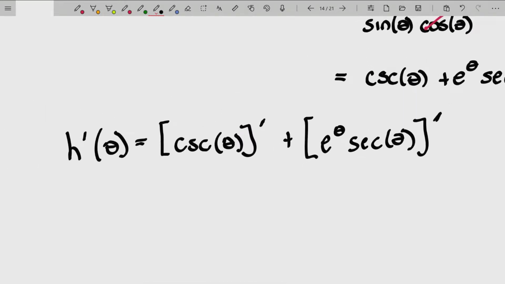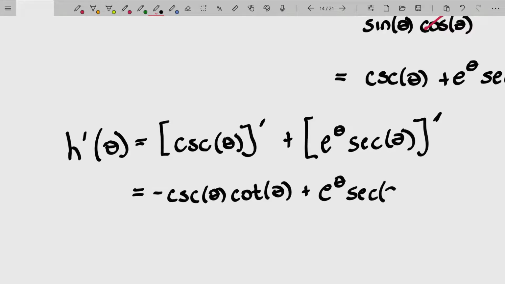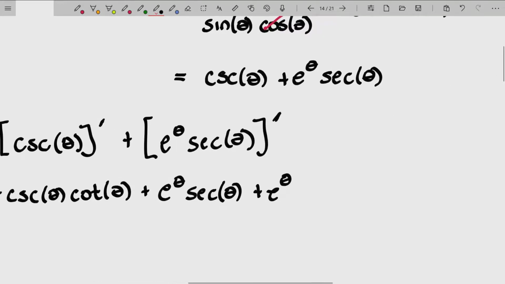And instead of taking my time with it, I will just say derivative of the cosecant is a negative cosecant of theta, cotangent of theta, plus derivative of e to the theta is e to the theta secant of theta, plus e to the theta times the derivative of secant, which is a secant theta tangent theta.